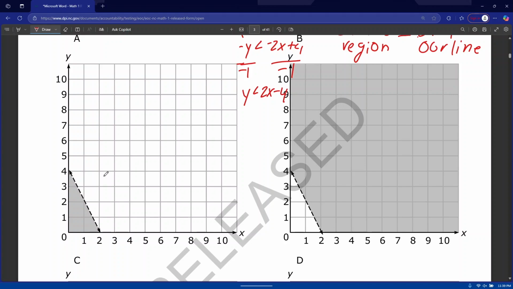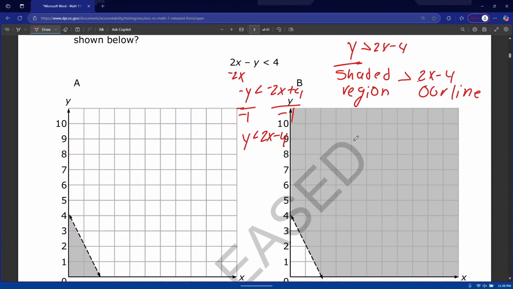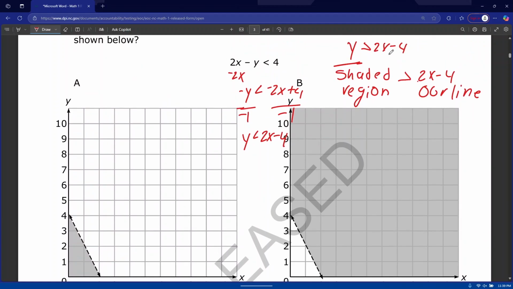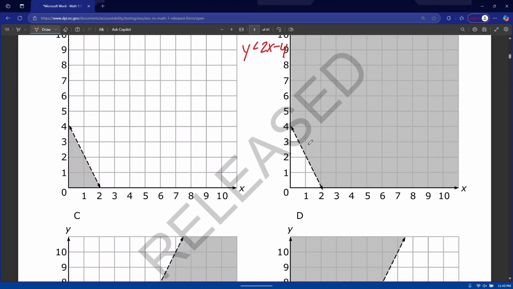Now, these two, A and B, are incorrect. And let me show you why. First off is that they do not have the correct slope or y-intercept. As you can see, they don't have a -4 as the y-intercept. They have a +4. So it can't be our answer.